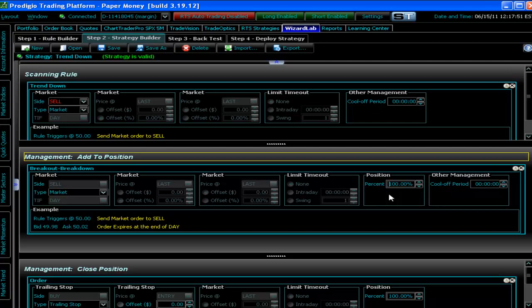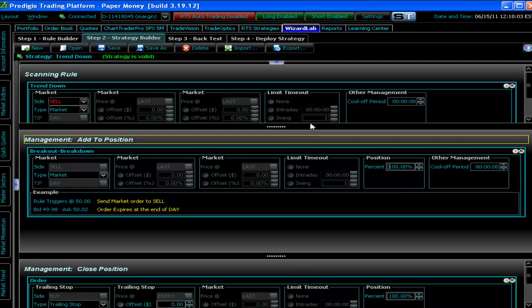So if it doubled down again, you'd be 400 shares short. And then if it triggered again, you would be 800 shares short because it would double down again. And if it triggered one more time, you'd be 1,600 shares short. Well, we prevent that from happening by allowing these management add to position rules to only fire once.